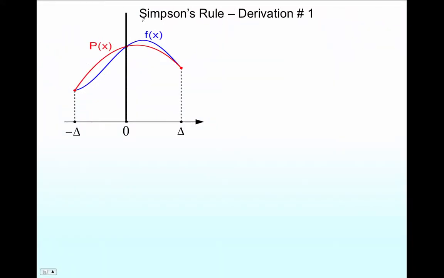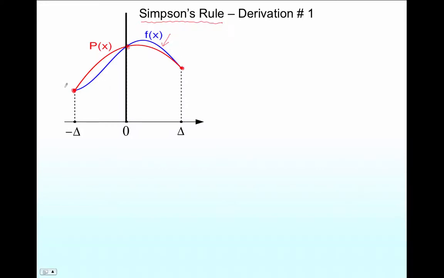More accurate than the trapezoidal rule is Simpson's rule, and I'll give two derivations of that. Let f of x be this function which is plotted here in blue, and instead of passing straight lines through various points on the function, I'm going to take 3 points, this, and this, and pass a parabola p of x.